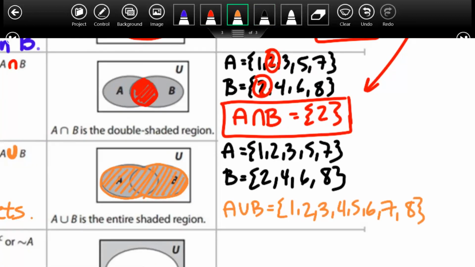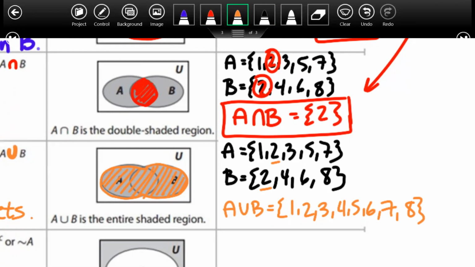We don't need to repeat our 2's. As long as it's one element, we're just saying how many elements. Either or exist in both of them. Either or. It can be either element. Doesn't matter which one you choose, can be either one.